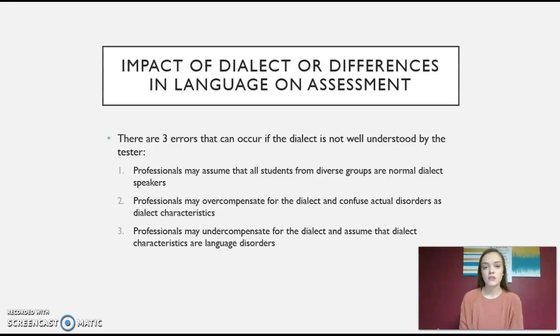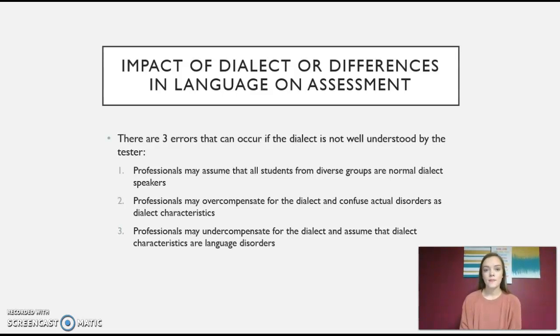Continuing on with this, there are three errors that can occur if the dialect is not well understood. The first thing is that professionals may assume that all students from diverse groups are normal dialect speakers. Second, professionals may overcompensate for the dialect and confuse actual disorders as dialect characteristics.